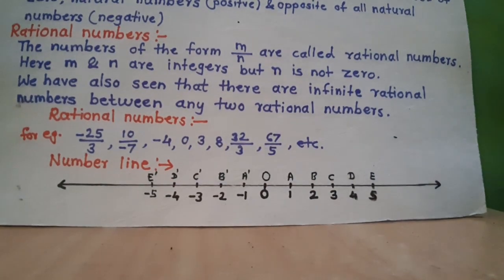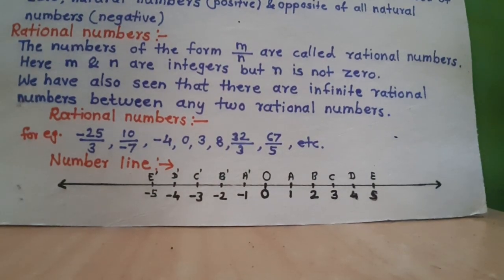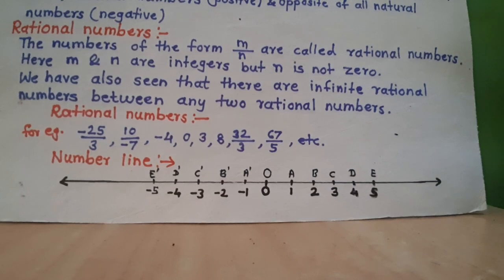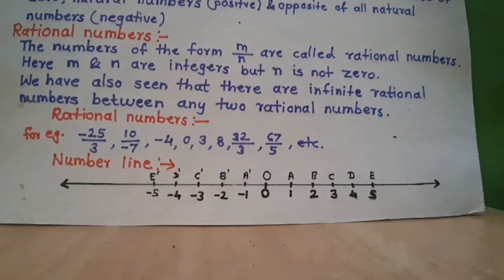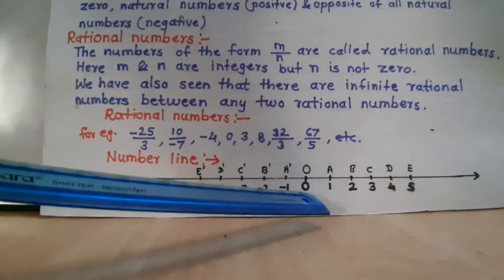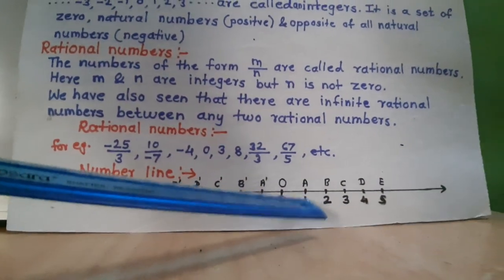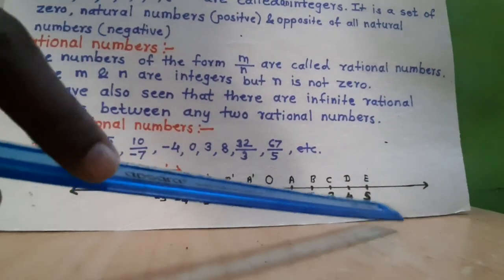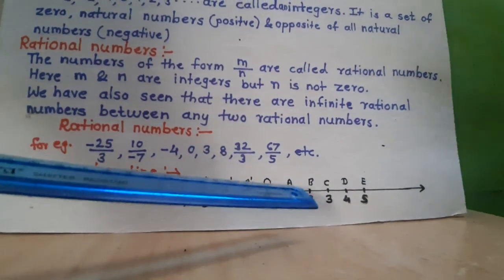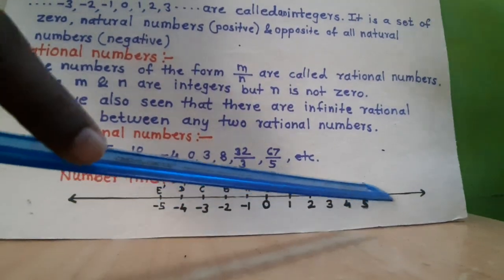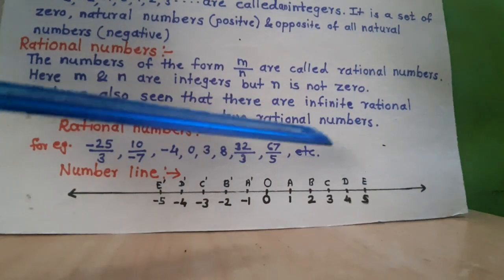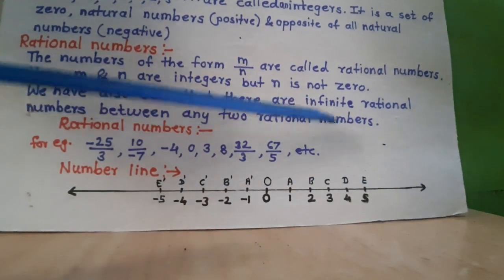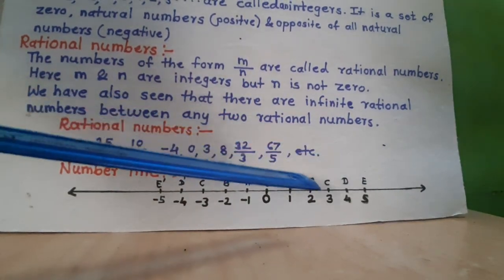Now we start how to draw a number line. Just see, here this is a number line, 0 is the origin, on the right side 1, 2, 3, 4, 5 are numbers, and A, B, C, D, E are points. A point is indicated in the form of a letter and a number.